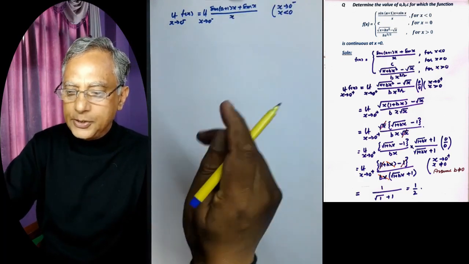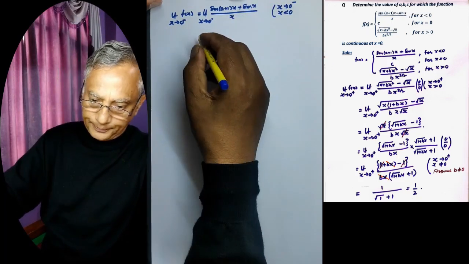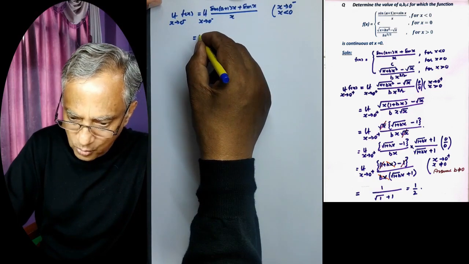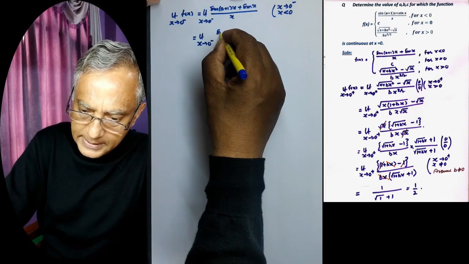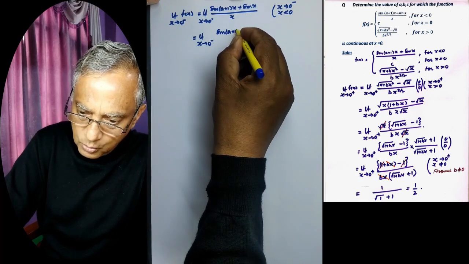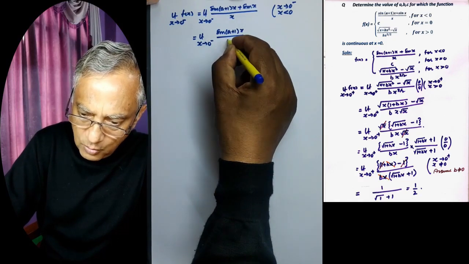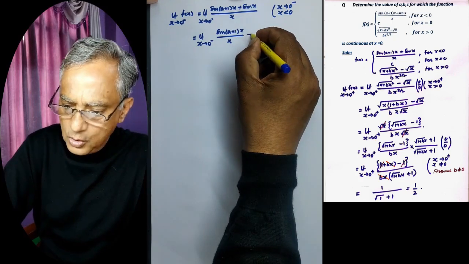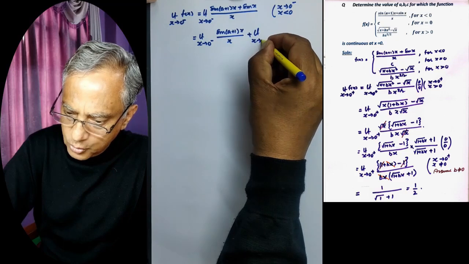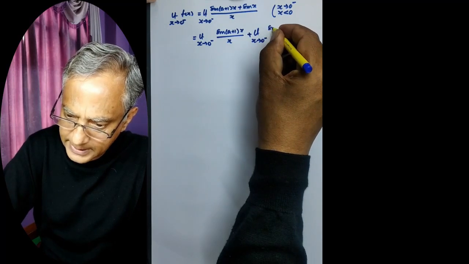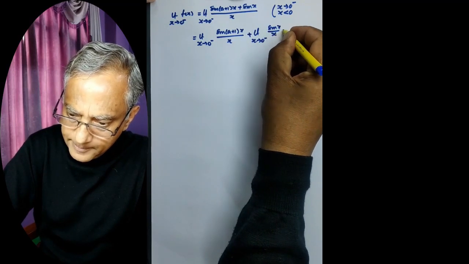You can see the side sheet. So this is equal to limit x approaches 0 from the negative side, sine of (a plus 1)x by x. We are separating these two terms, and limit x approaches 0 from the negative side, sine x by x.